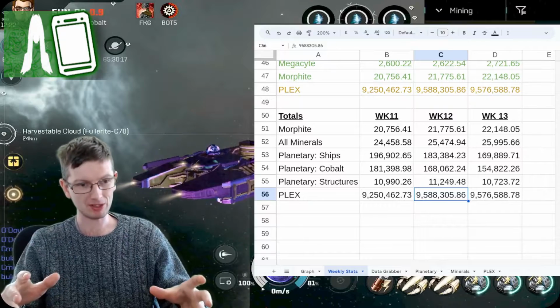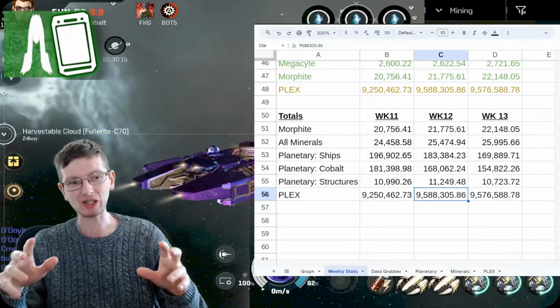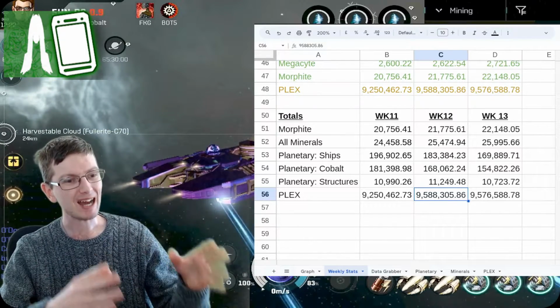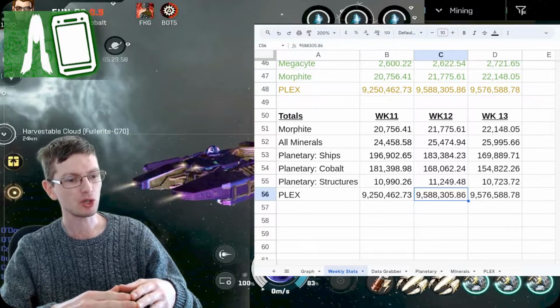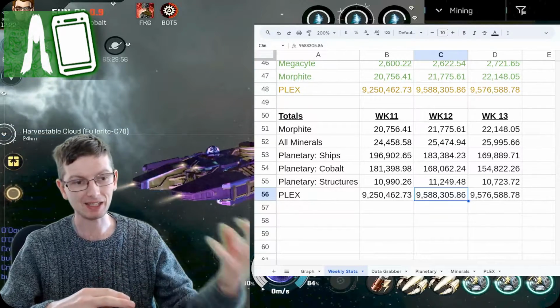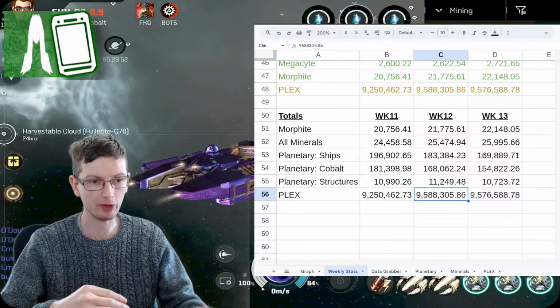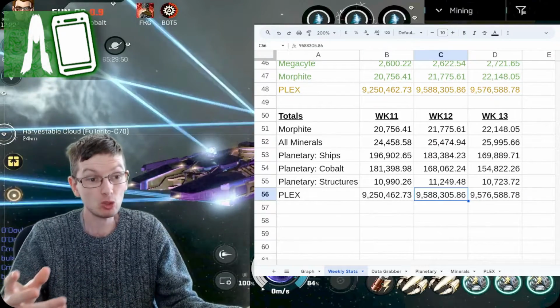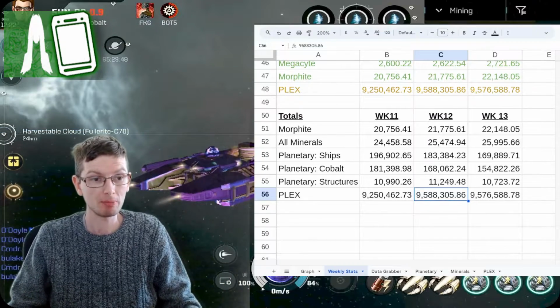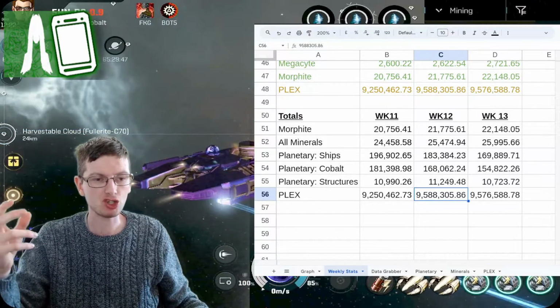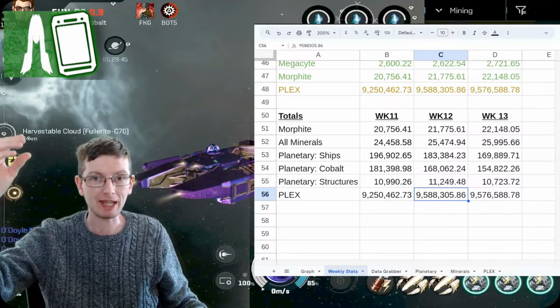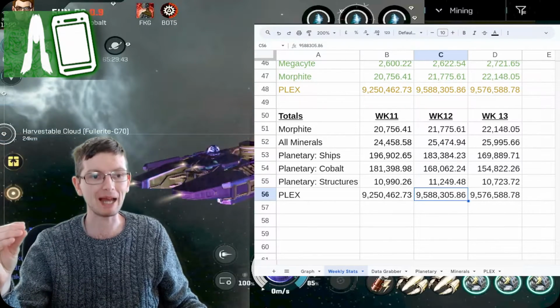We know they're committed to boxes. They've made that clear. So what if they just tied the box system into buying PLEX and selling it on the market instead of just outright converting Aurum for boxes? It could work. It really could work. But you'd have to have that measure in there of it getting converted from Aurum to PLEX.